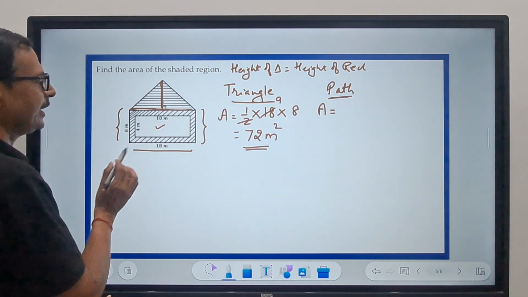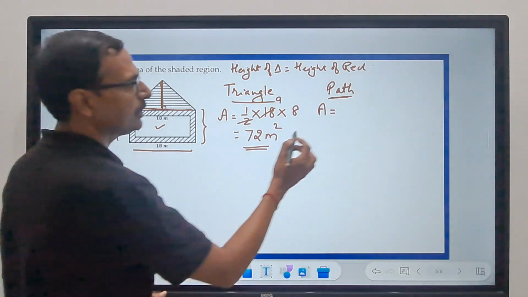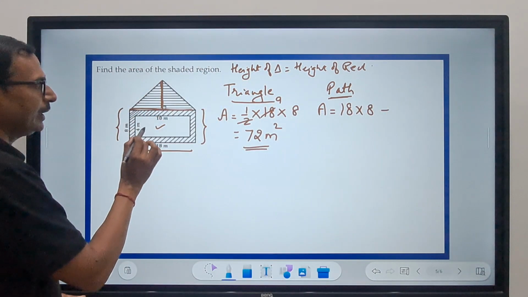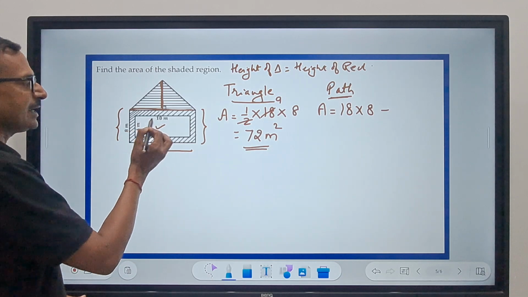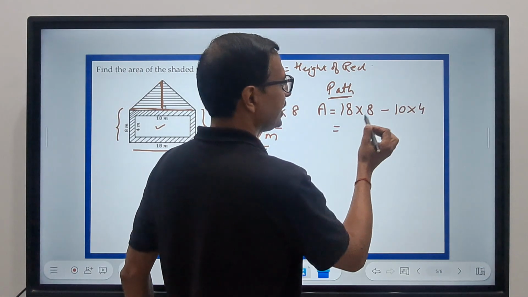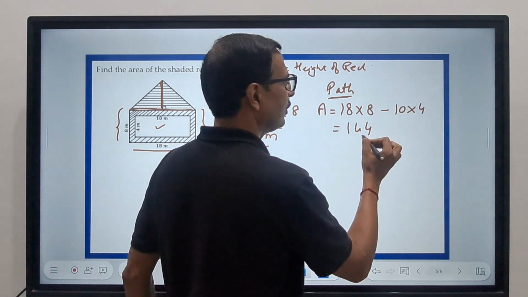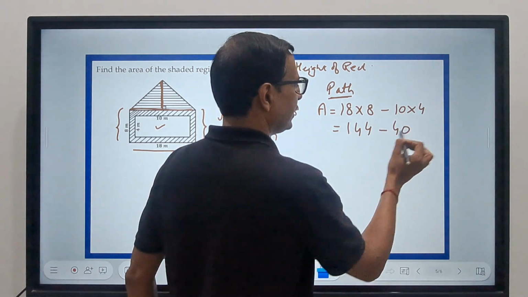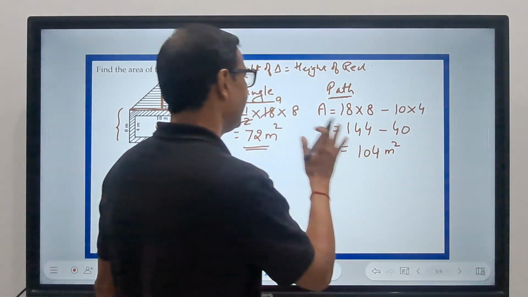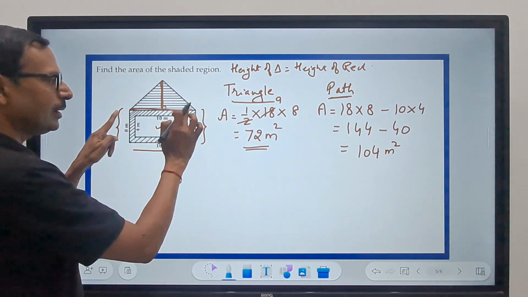So what will be the area? Outer is 18 into 8 minus inner one or unshaded one is 10 into 4. So 8 8s are 64, 144, and this is 40, and so 104 meter square is the area which is shaded here in the path.